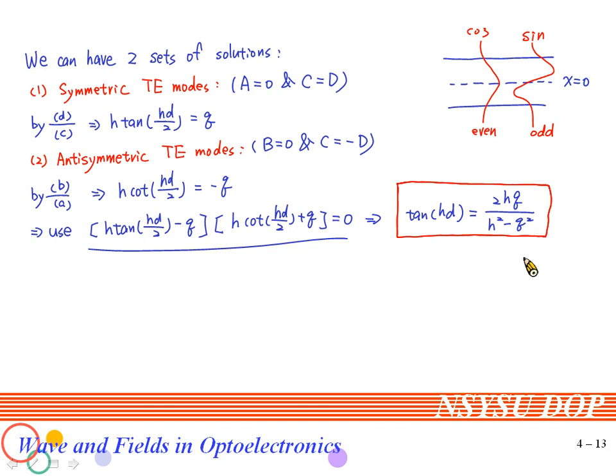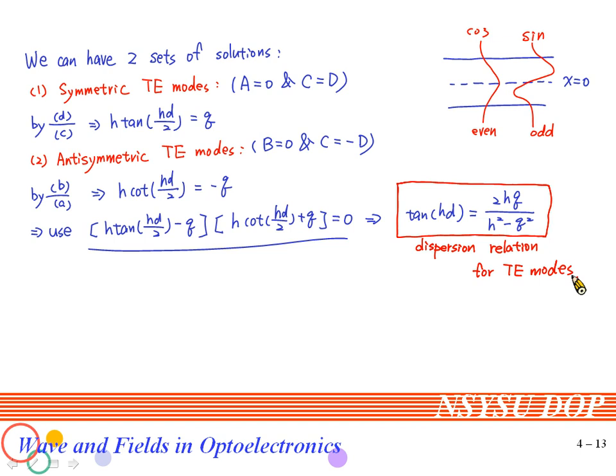So such kind of equation, we call it dispersion relation. So this equation is the dispersion relation for TE modes in a symmetric slab waveguide.